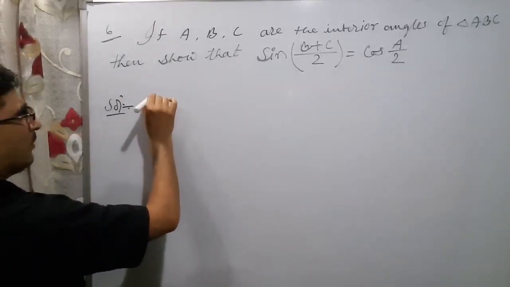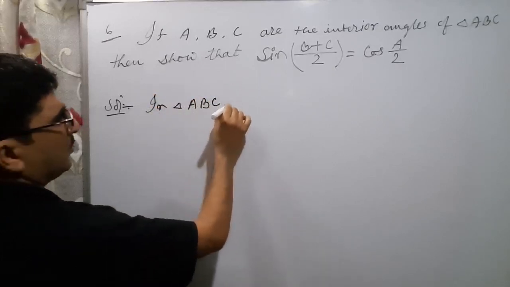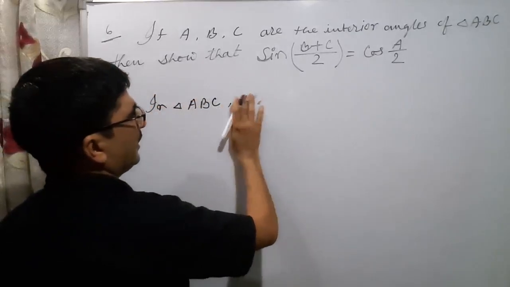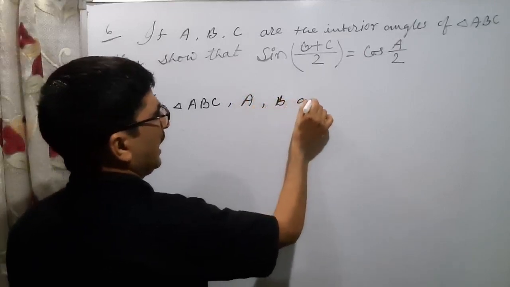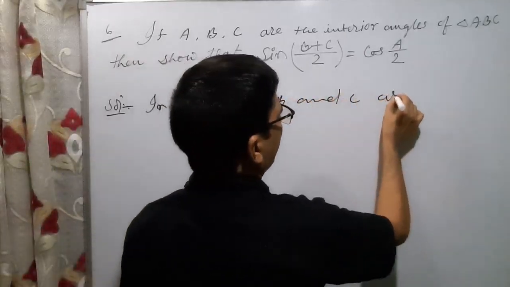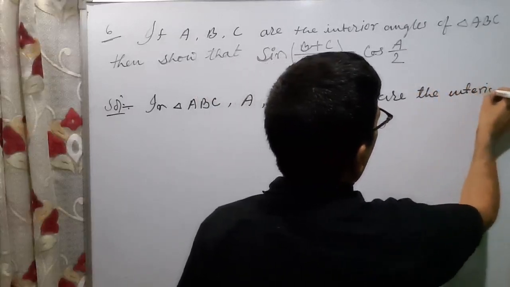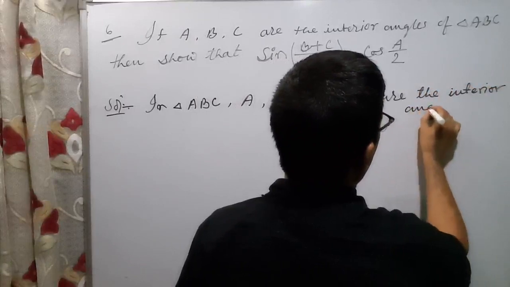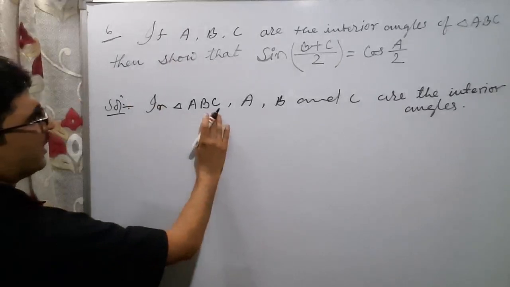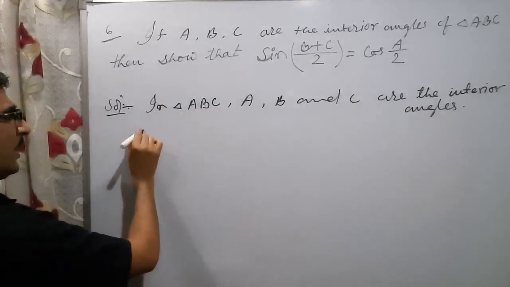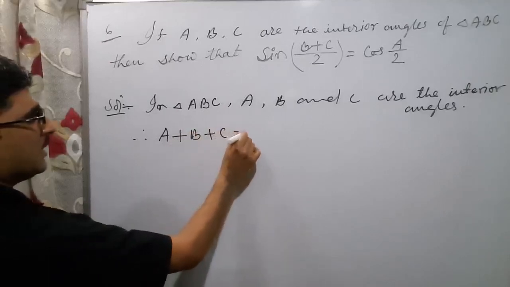In triangle ABC, A, B and C are the interior angles. Therefore, if ABC are the interior angles of this triangle, then we can write A plus B plus C is equal to 180 degree.